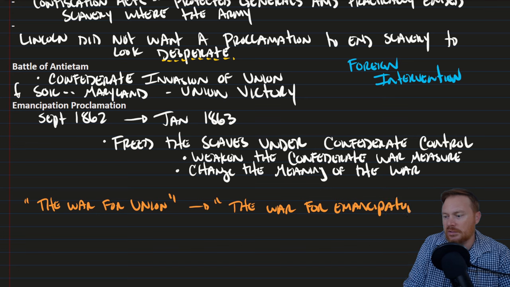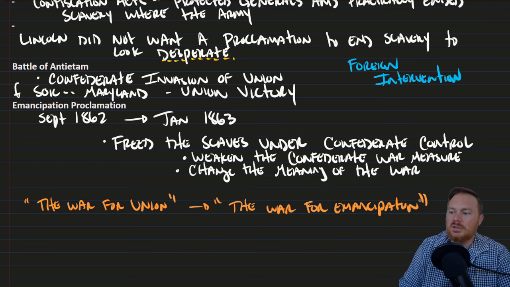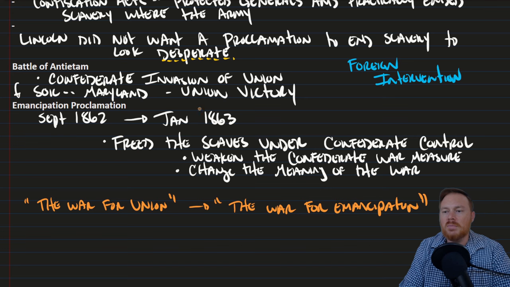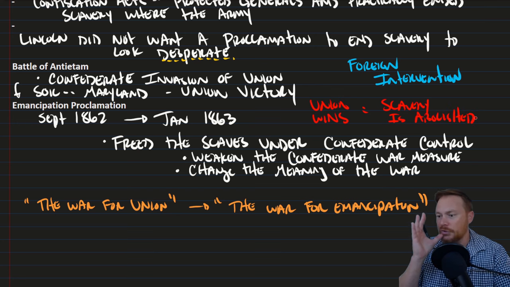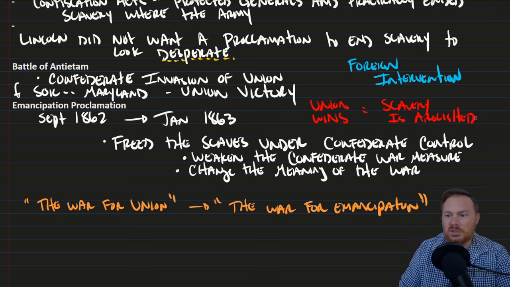And so when Lincoln issued this in September of 1862, it meant a very simple equation. And that is, if the Union wins, then slavery is abolished, right? And that would be the victory conditions for the Union as the war would continue.